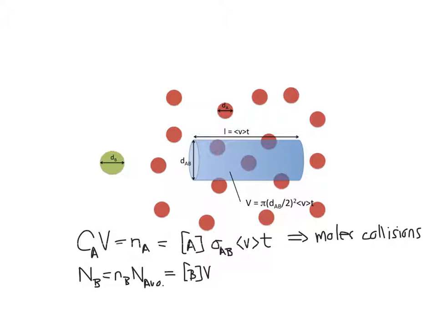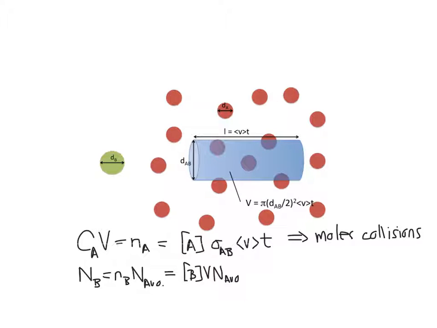So the number of B molecules is the concentration times the volume of my system times Avogadro's number. So if we multiply the moles of collisions of A molecules with one B molecule by the total number of B molecules in our system, then we will have the total number of collisions.